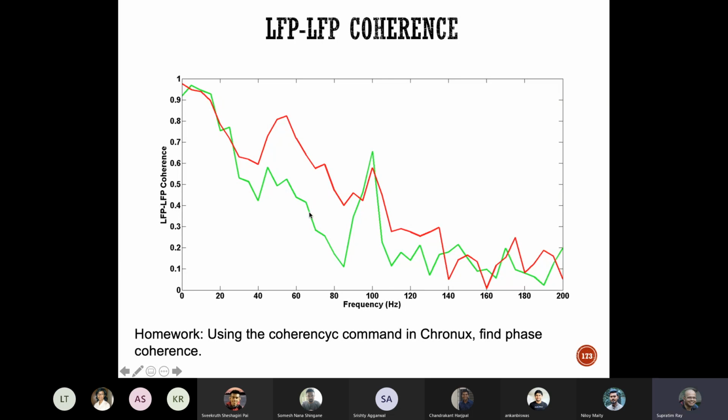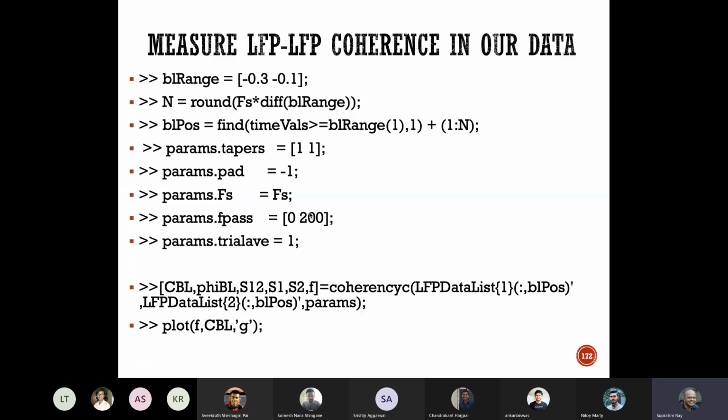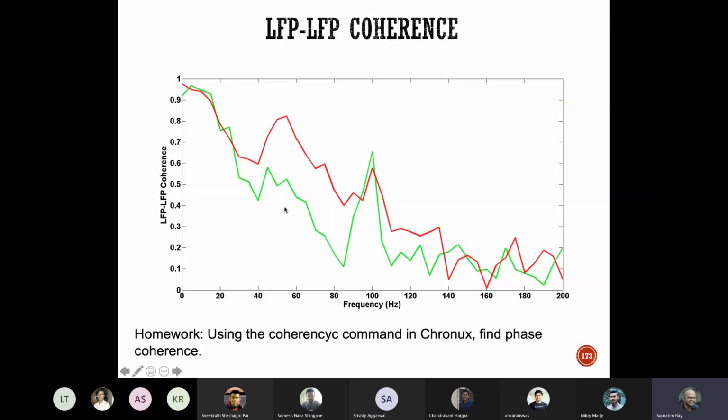And if you did the same analysis for the stimulus period, which is between 0.2 to 2.4 seconds, you would get the red trace. This peak at 100 hertz is just the refresh rate of the monitor, which ought to be phase consistent because both the monitors are catching the same refresh.